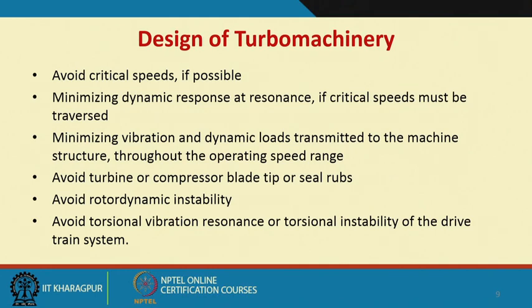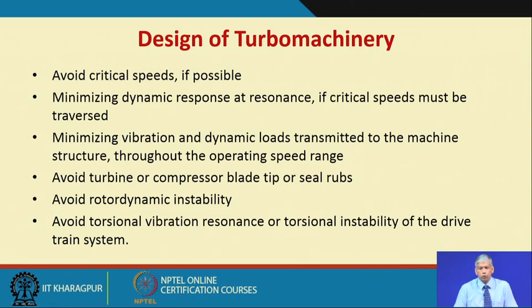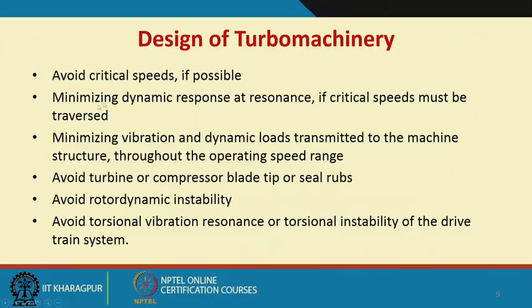When we study rotordynamics and design turbomachinery, first and foremost is to avoid critical speeds. Those of you who have designed shafts from simple strength of materials, other than calculating the torsional strength of the shaft to withstand the external torque, we also must find out the critical speed of the shaft, so that it never operates at the critical speed and we stay away from it. Also, minimize the dynamic response at resonance if critical speeds have to be traversed.